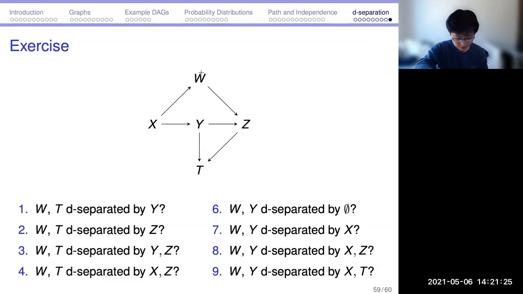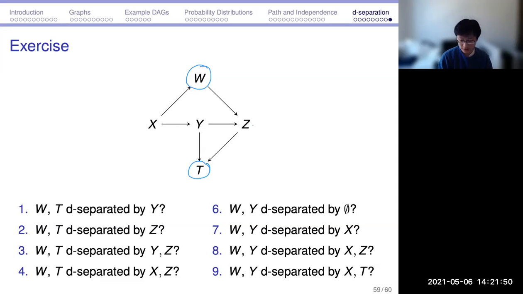Let me use my pen over here. In the first 4, we're interested in the variable W and the variable T. In order to determine whether they are d-separated, we first need to find all the paths between these two nodes.